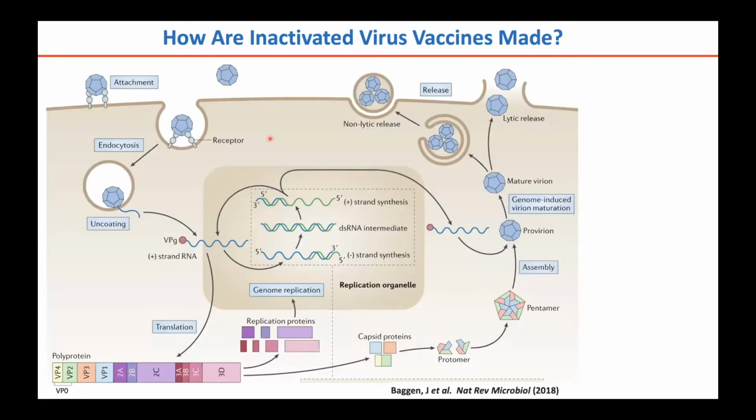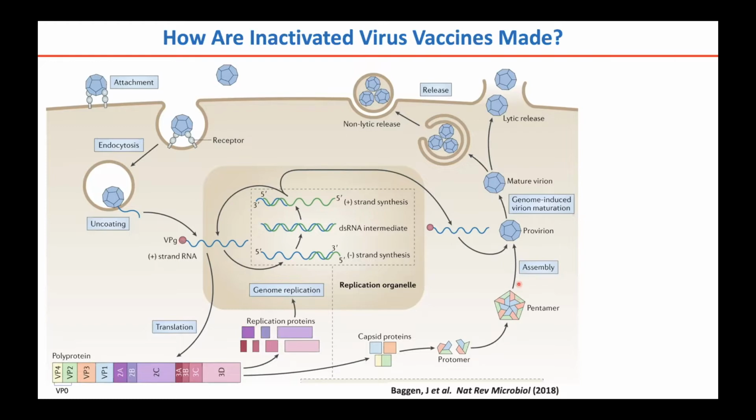So how are these inactivated virus vaccines made? Thanks to Bill Jackson's talk, he basically walked us through this process. We're going to focus here on the back end, as the viruses are leaving the cells. You get the cleavage of the viral polyprotein, expressed from the viral RNA. The individual capsid proteins associate into protomers, which assemble into pentamers.